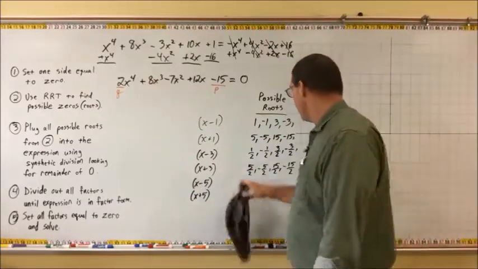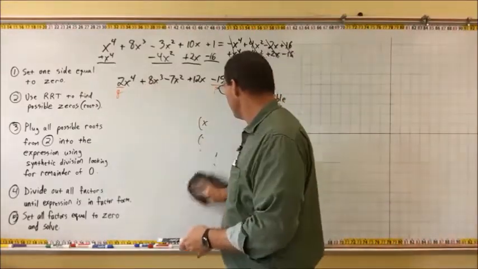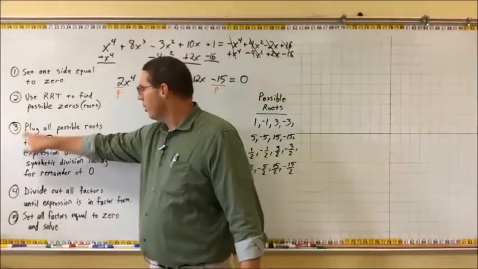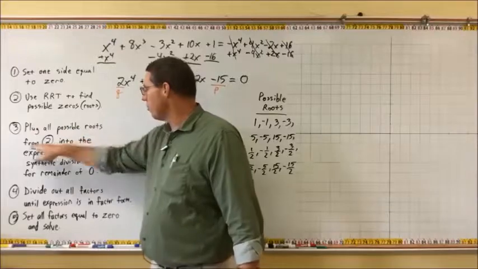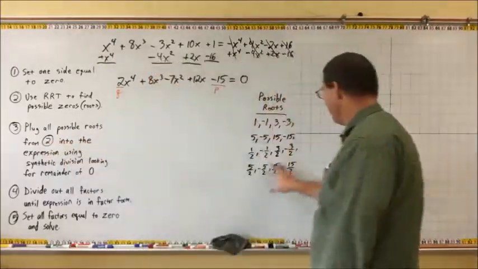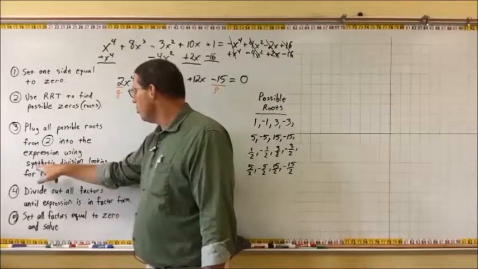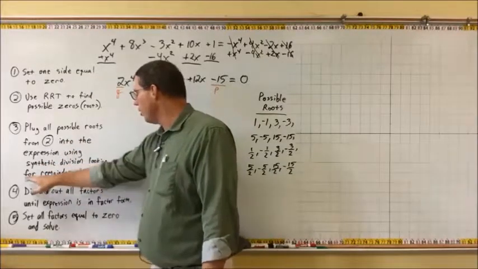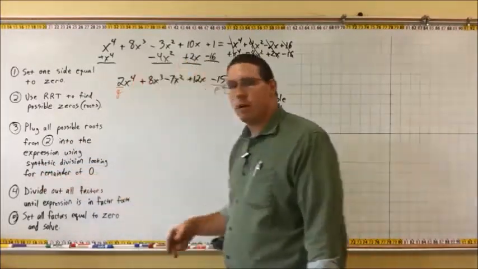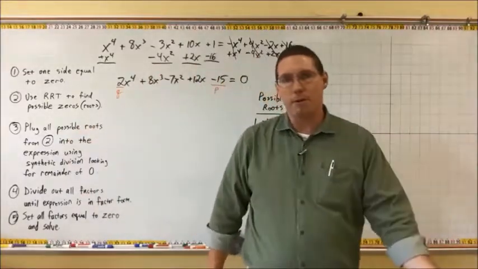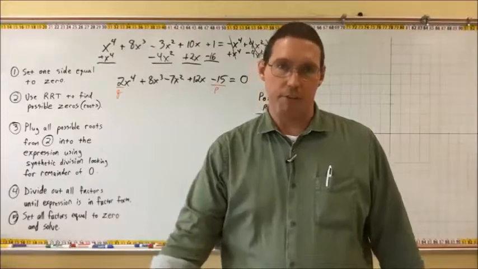Okay? All right, so we've got all of our possible roots. That's step 2. Now let's go to step 3. You're going to plug all of the possible roots from step 2, that's what this list is right here, into the expression using synthetic division and looking for a remainder of 0. And what step 3 is doing here is it's combining the remainder theorem with the factor theorem.